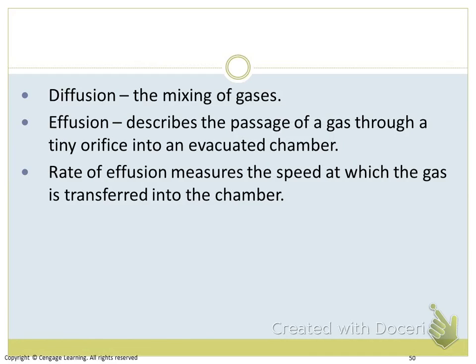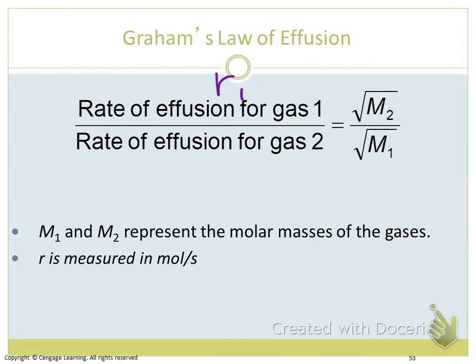We don't really have an equation that we're going to use for diffusion, but we are going to look at how we solve for effusion. R1 over R2 equals square root of M2 over M1. So there's an inverse there. These molar masses are just regular, so grams per mole.